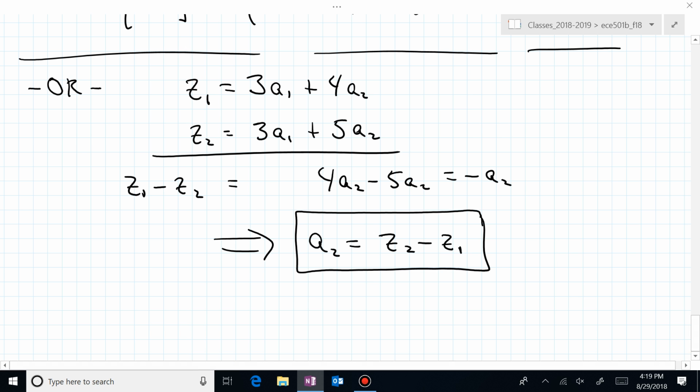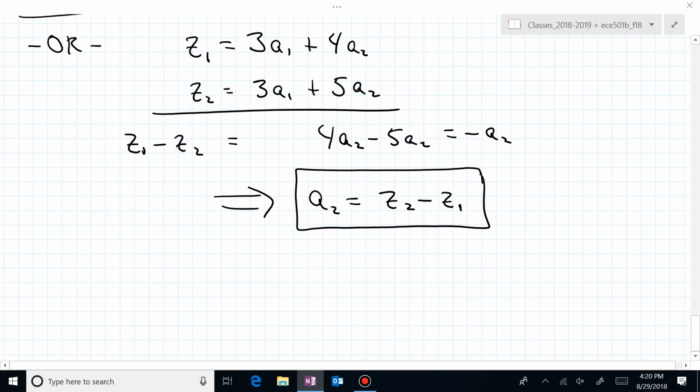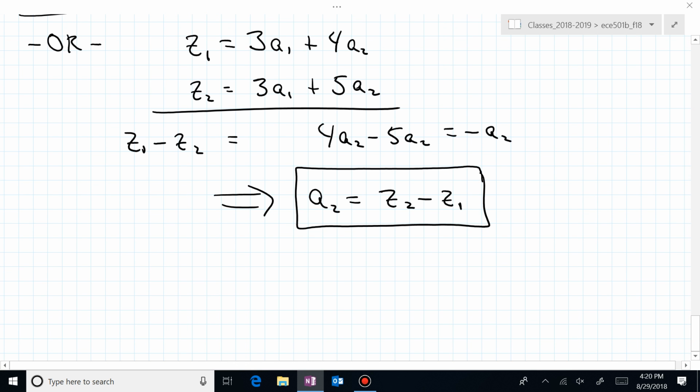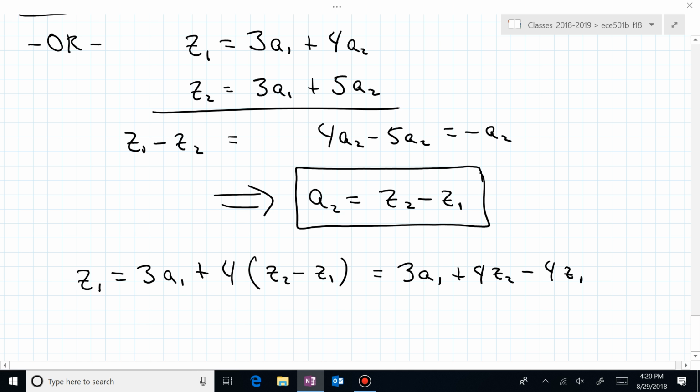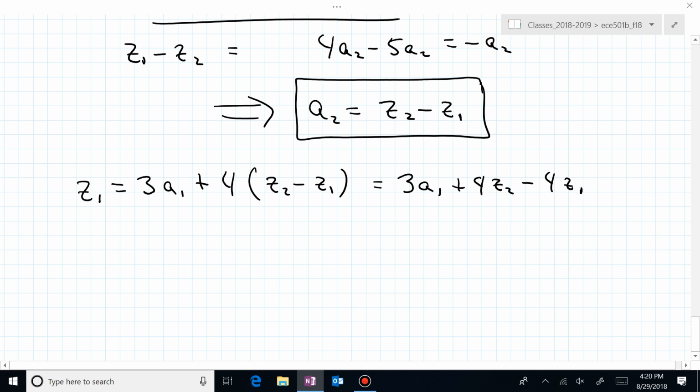And now I can use that relationship for a sub 2 in terms of the z's in either of the 2 relationships above. If I apply it, let's say I apply it in the top one, then I know that z1 is 3a1 plus 4a sub 2, but a sub 2 is just z2 minus z1. So that I now have 3a1 plus 4z2 minus 4z1.